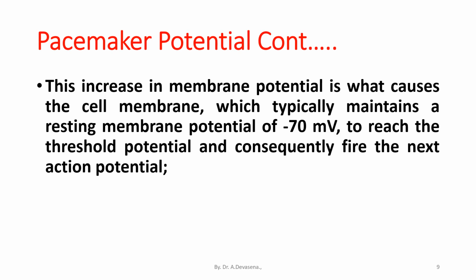This increase in membrane potential is what causes the cell membrane, which typically maintains a resting membrane potential of minus 70 millivolts, to reach the threshold potential and consequently fire the next action potential.